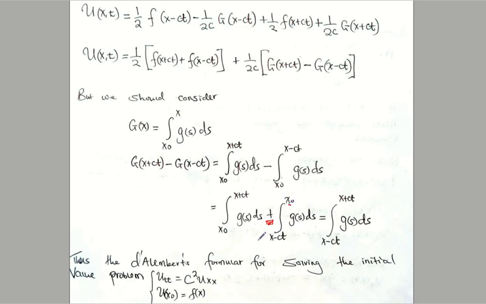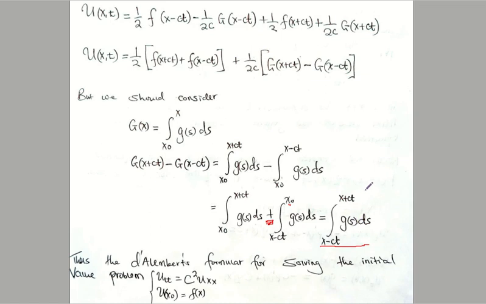So this is a trick we apply. We invert the limits and change the sign to a plus, and now we have the integral from x minus ct to x plus ct of g(s) ds.